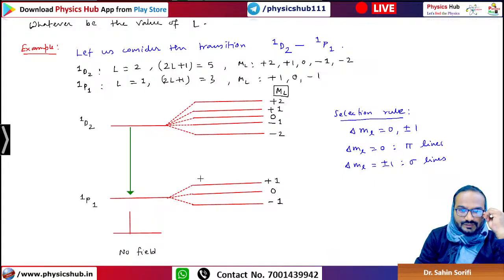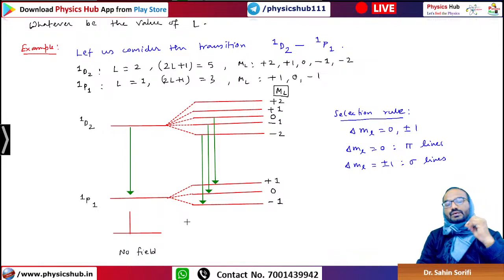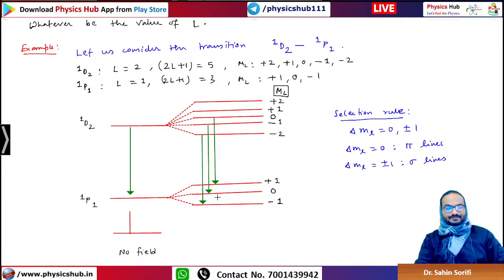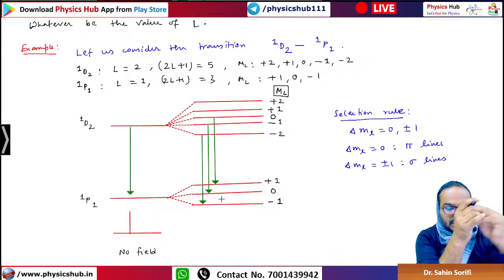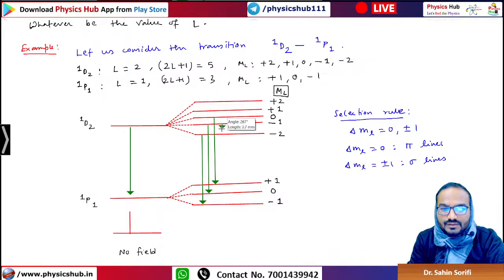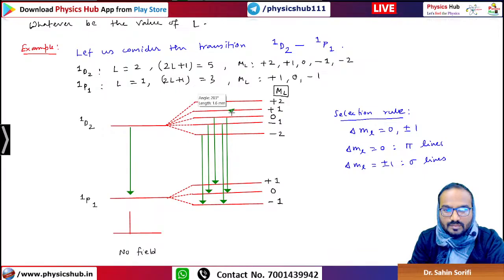If I take this minus 2 to minus 1, let's say, okay, minus 1 to 0, 0 to 1, okay, so plus 1. Now you take minus 1 to minus 1, 0 to 0, plus 1 to plus 1.